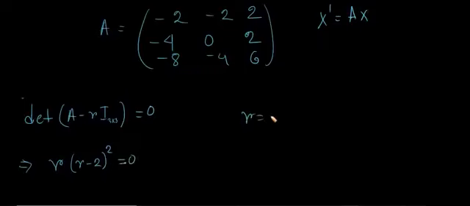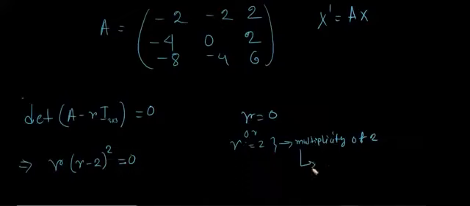So this means either r equals 0 or r equals 2. However, r equals 2 has a multiplicity of 2. This means it's repeated 2 times because there is a power of 2.